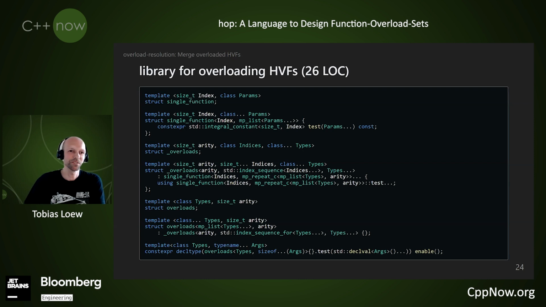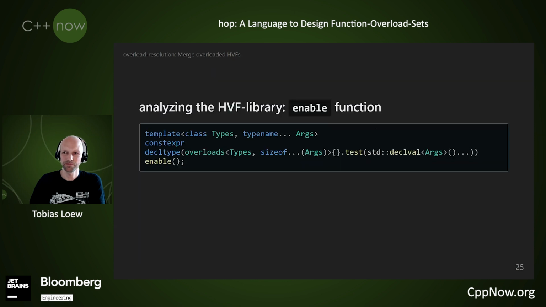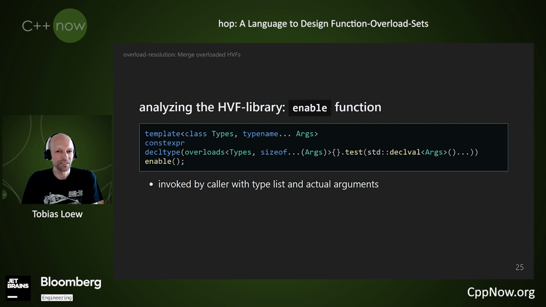Okay, so now we'll look at the library closer. First, we start from the bottom. There we had the enable function. This is the one that is invoked by the caller in the SFINAE condition, and where we get the types that we want to overload as the MP list. And we also get the type of all the arguments of the actual call.